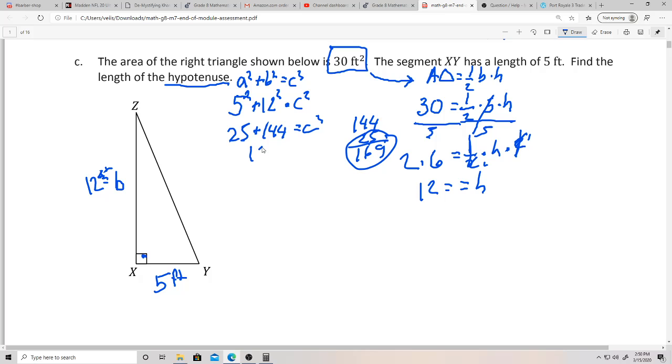So we got 169 equals c squared. How do you algebraically solve for c? You just take the square root of everything. It'll cancel that out, and then you ask yourself what number times itself is 169, and that is 13. Bam. So our hypotenuse is 13.